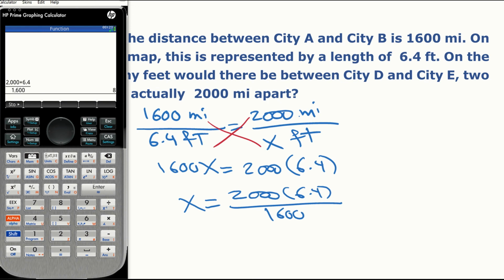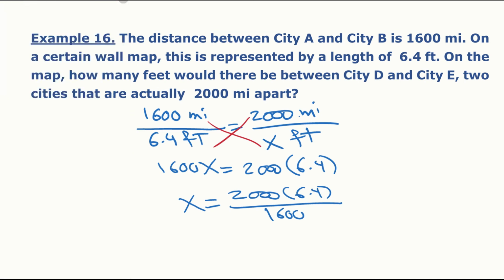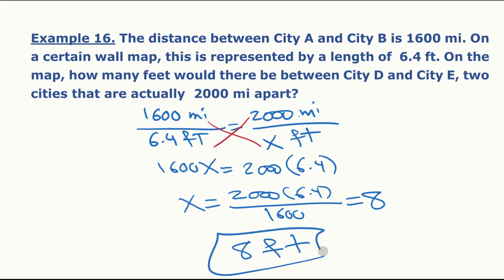So basically the distance between city D and city E will be represented by 8 feet on that map. So of course your final answer should always have the proper units. All right, so just like that, very straightforward.